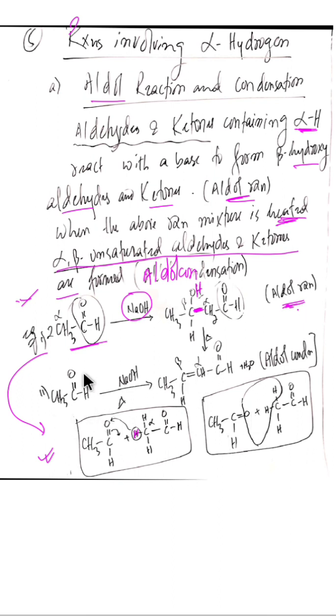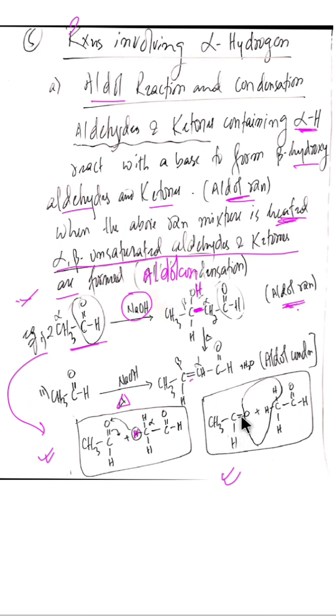And in the second reaction, this ethanal is reacted with sodium hydroxide, and the reaction mixture is heated. Then alpha beta unsaturated aldehyde is formed. So again, I am giving here the trick.